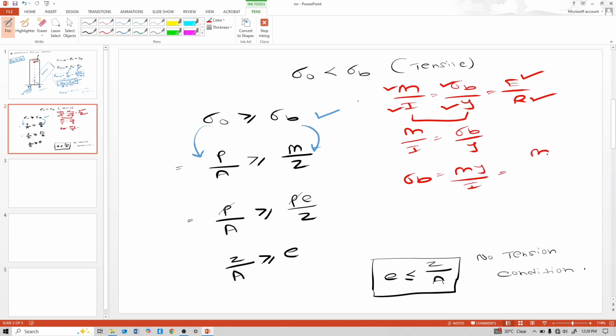So M, take this y in the denominator, I by y, and you know that sectional modulus is the moment of inertia divided by the distance from the axis of that moment of inertia to the strip where we are interested. So this y, we are talking about that y.